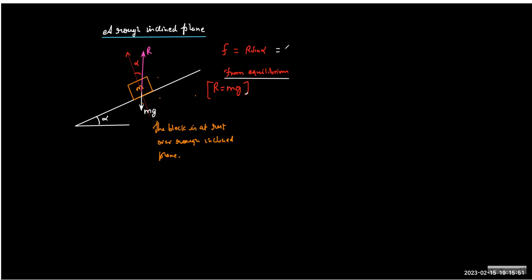So now we got F equals to how much? Mg sin alpha. And that's why here friction coefficient is not required, because friction is actually balancing the mg sin theta only, right? Mg sin alpha.